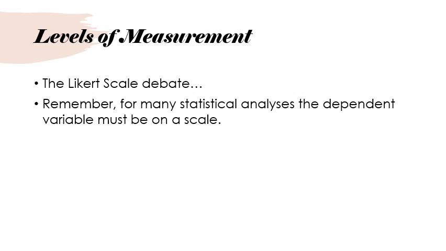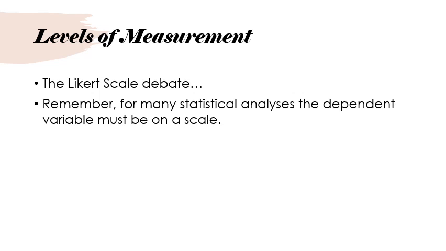Just because I'm saying that Likert scales are ordinal does not mean you can't use Likert scales in your studies. This is just something to think about again, just like all of the other information that I've been giving you along the way that you have to kind of pay attention to while you're designing your study.